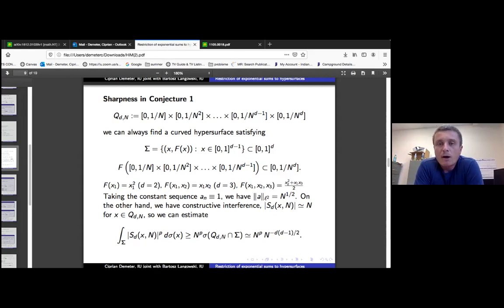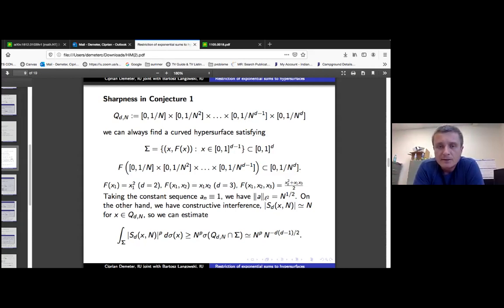Right, now how are you going to fit a curved hypersurface inside this box? It turns out that there is a canonical way of constructing them. x1 squared, the parabola, works in 2 dimensions, the hyperbolic paraboloid x1 x2 that I mentioned earlier works in 3 dimensions, and then you work your way all the way down the hierarchy by combining these types of examples.